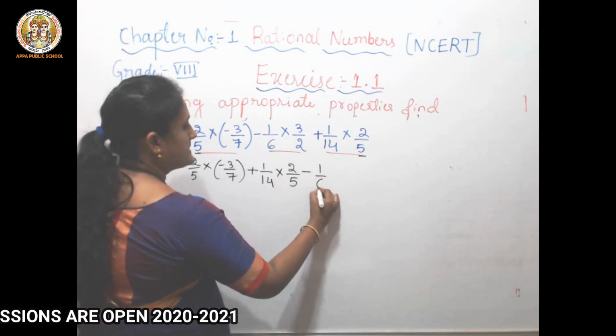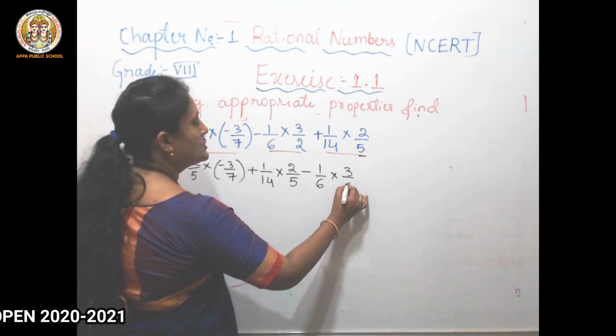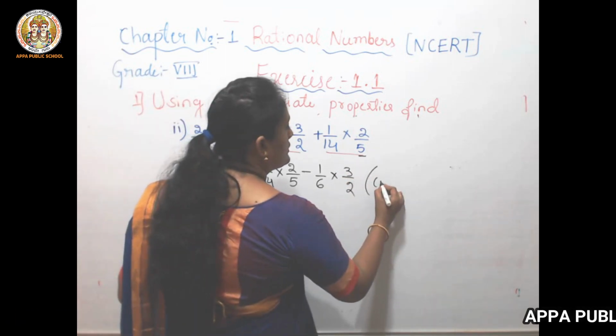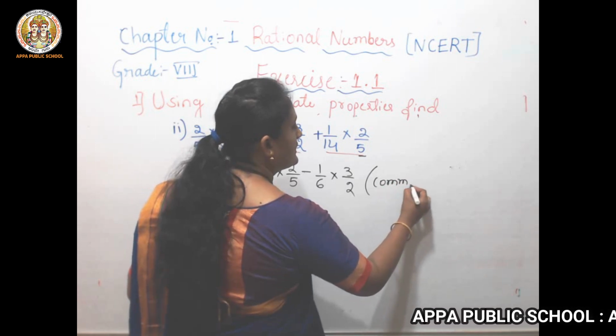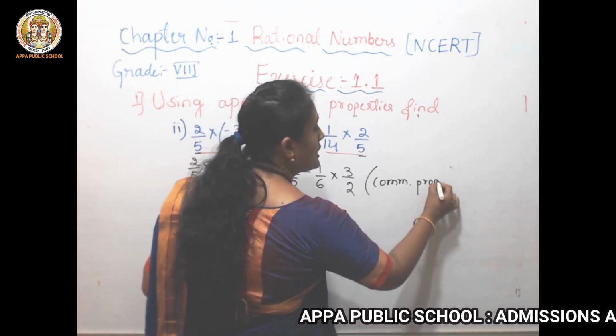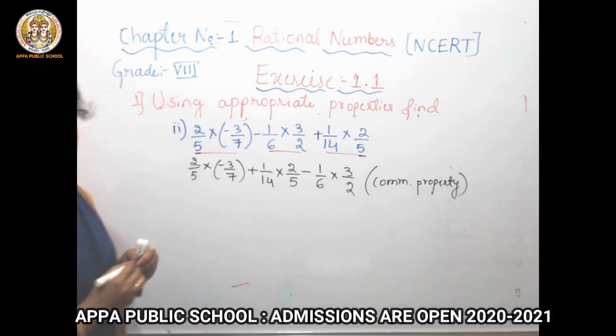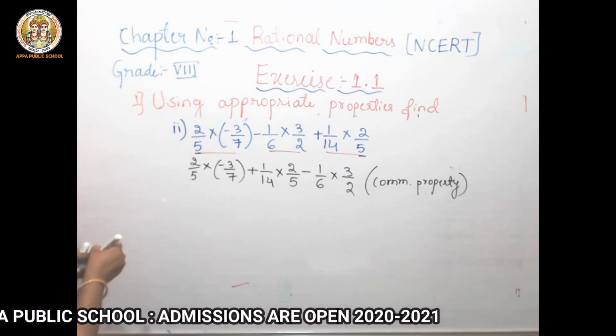Then next, minus 1 by 6 into 3 by 2. This is our commutative property, because however we arrange the terms, the result will be the same. Isn't it? So that's what it is, commutative property.